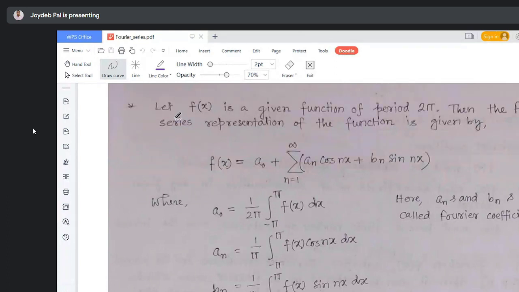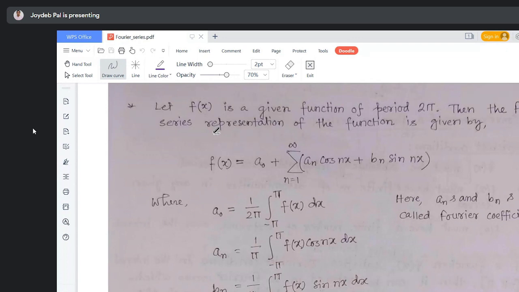Look, first of all, we are assuming that f x is a periodic function with period 2 pi. Later on, we will generalize the fact. We will consider any arbitrary period.